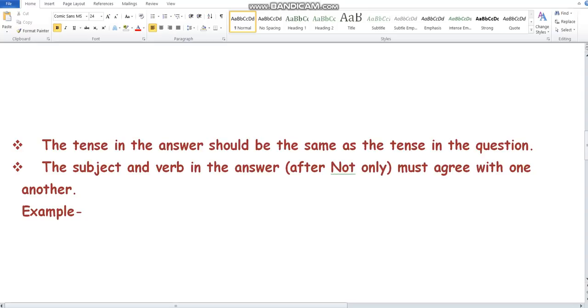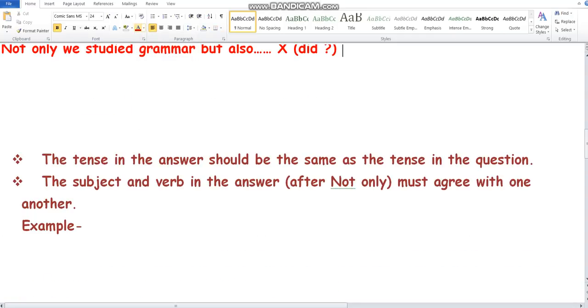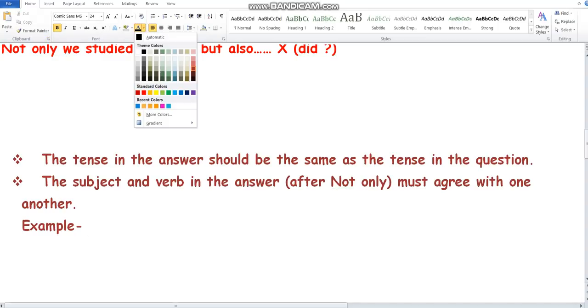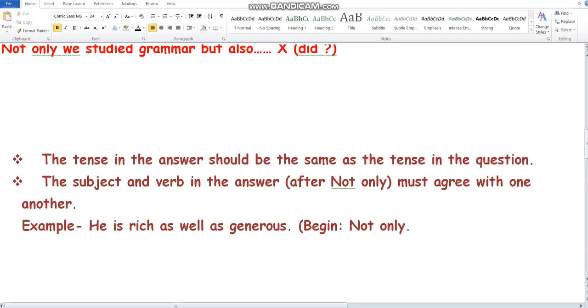For example, if the question is, he is rich as well as generous. And the instruction is begin not only.